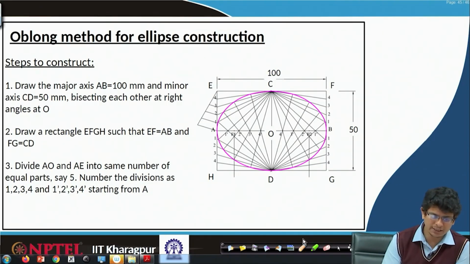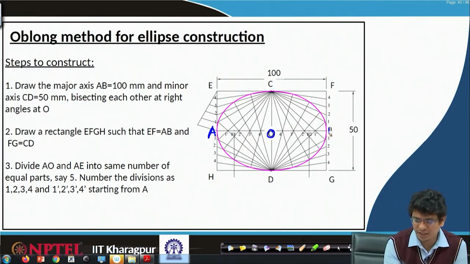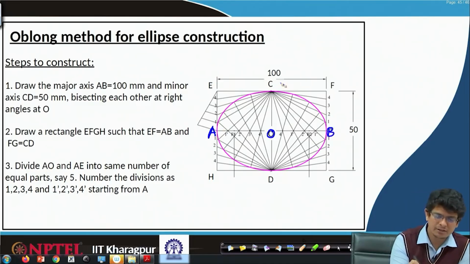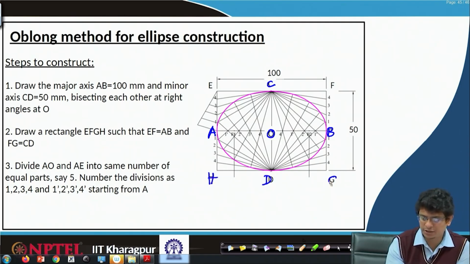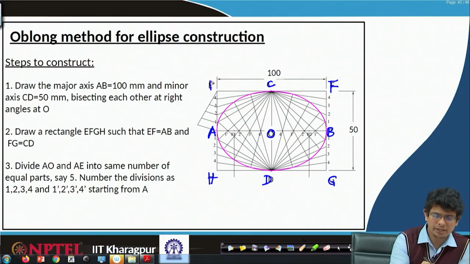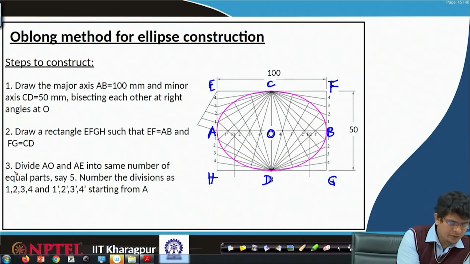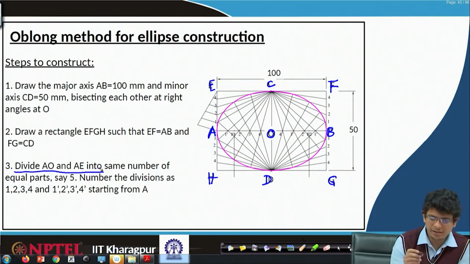Let us look at what that is. The intersecting point is O, this point is A, B, C, D. For the rectangle, this is H, G, F and E. Now divide AO and AE.